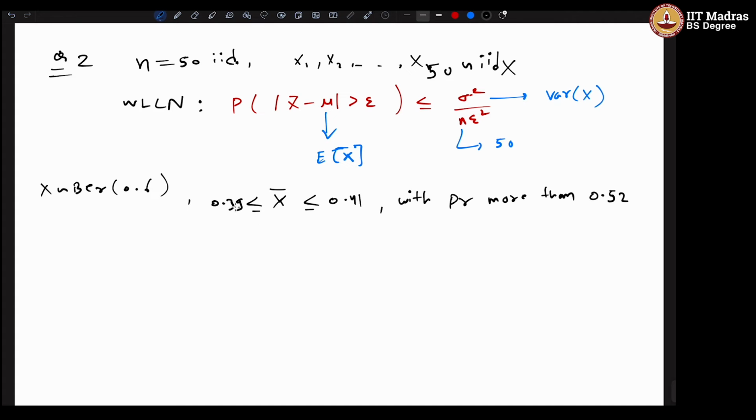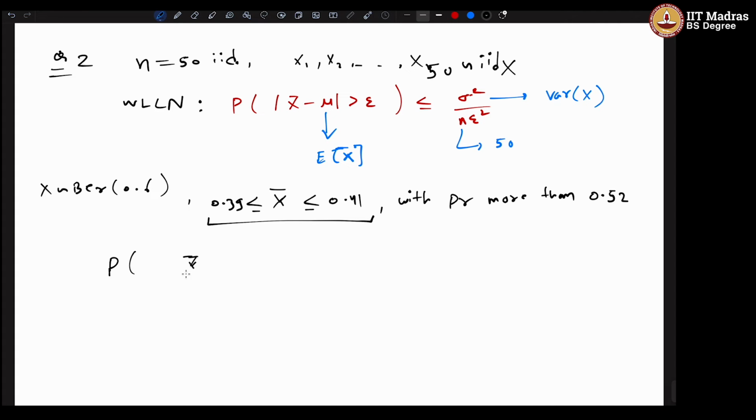So we have to write our x bar in terms of this, right? We need to write our x bar from the law of large numbers expression in terms of this. So to write this, let's simplify the law of large numbers expression a little bit, which we can write as x bar.